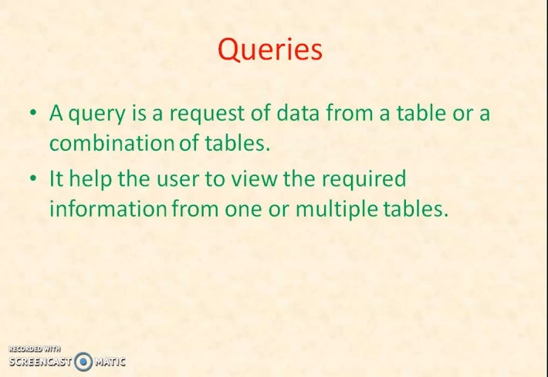Suppose in your attendance register you want to know the total attendance of roll number 1; that is your query. What information you want from the database, that is your query. Based on your request, the database will give the answers. That one is called a query.